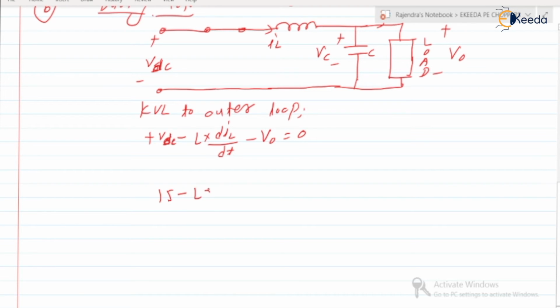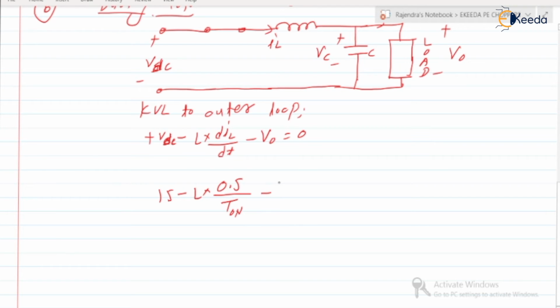Minus L into what is the dIL? It is given that the peak to peak ripple current of the inductor is limited to 0.5, which means the change in the current is 0.5. Peak to peak ripple current of the inductor means delta IL, which is 0.5, divided by dt. dt is the on time, that is T on.